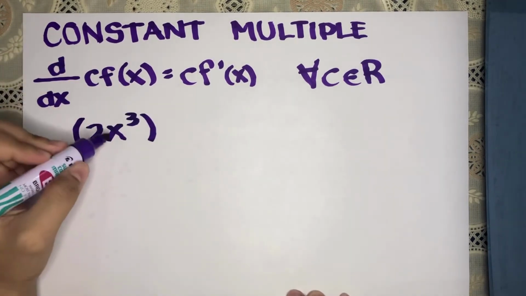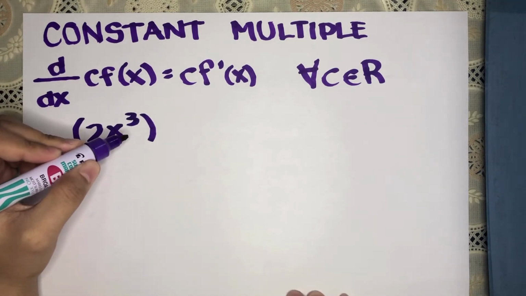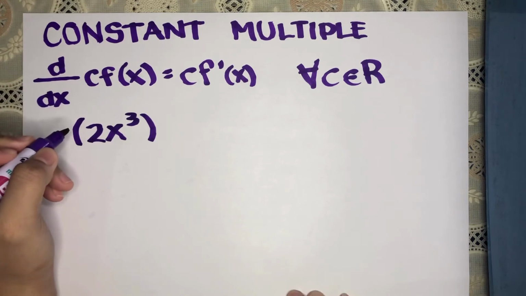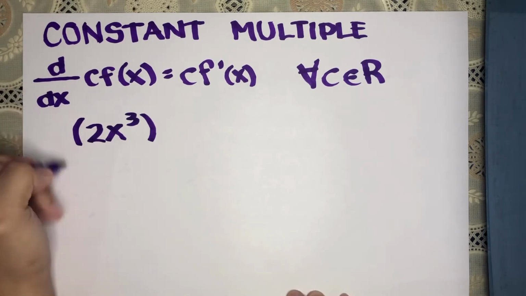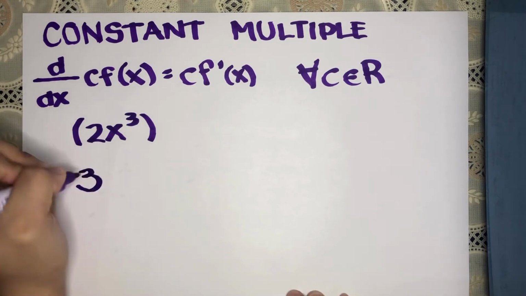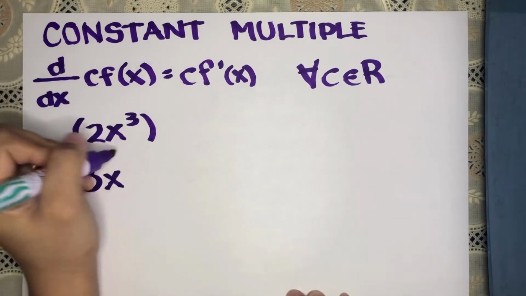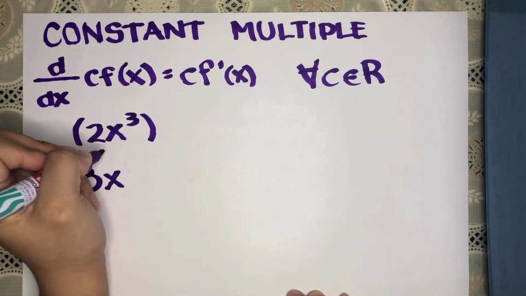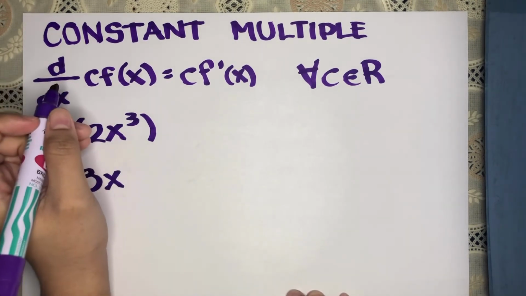The procedure goes like this. You will first copy the exponent and place it in front. So it will become 3 times 2x. Next, to find the new exponent of x, you subtract 3 minus 1. So the exponent will become 2.